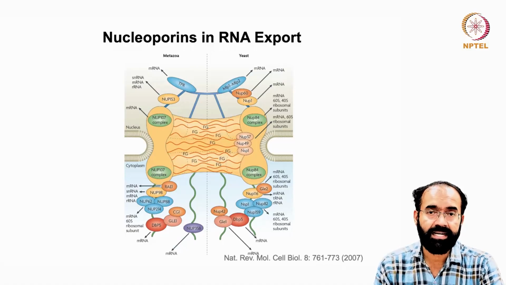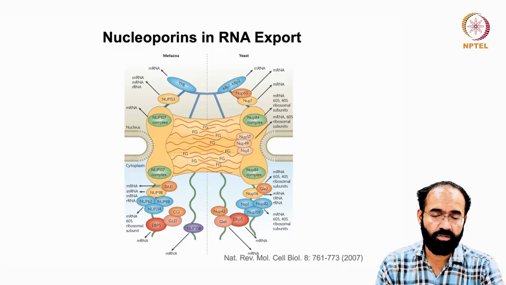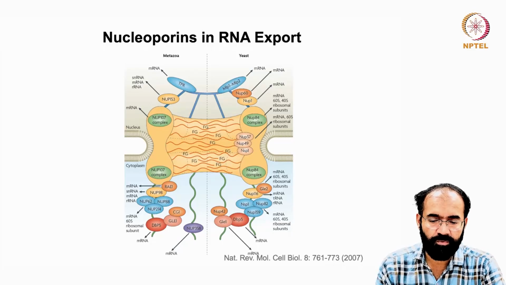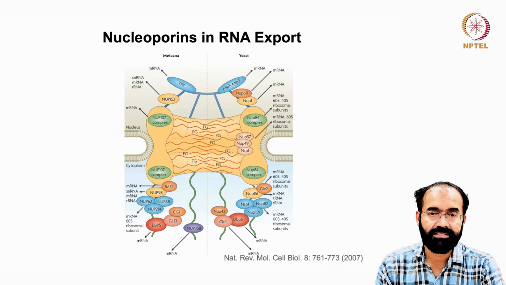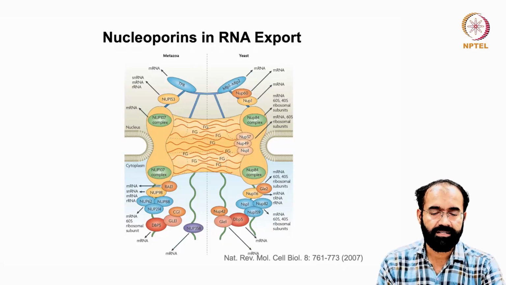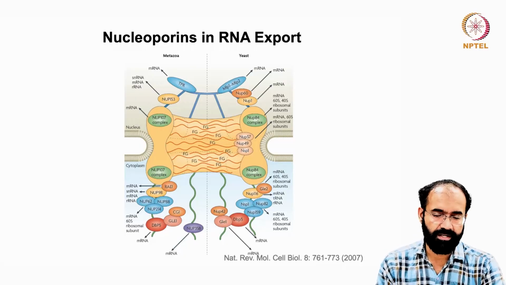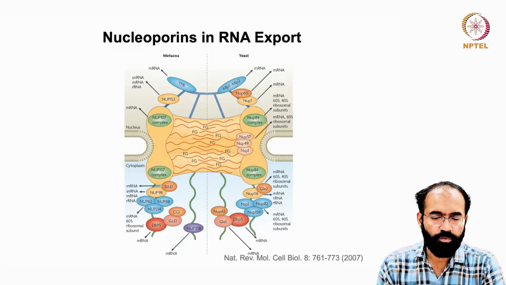On the left-hand side you can see the typical metazoan, that is, multicellular organisms. On the right-hand side you are seeing yeast-specific proteins, that means you have the NUP84 complex whereas the NUP107 complex in the metazoan. This is the main difference. Functionally they are similar, but name-wise or amino acid sequence-wise they are different. The same goes for the rest of the proteins.